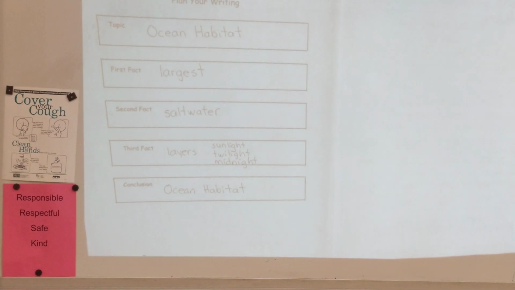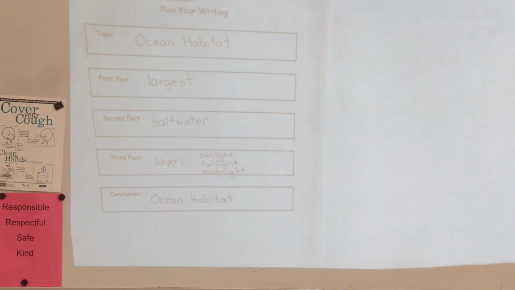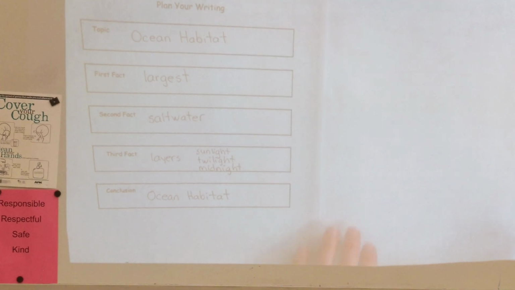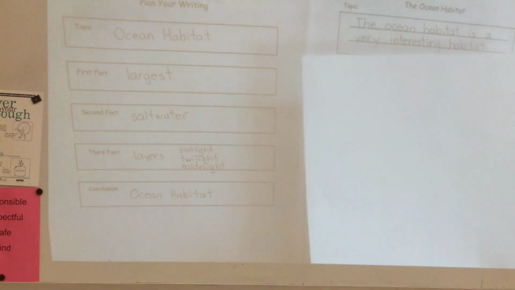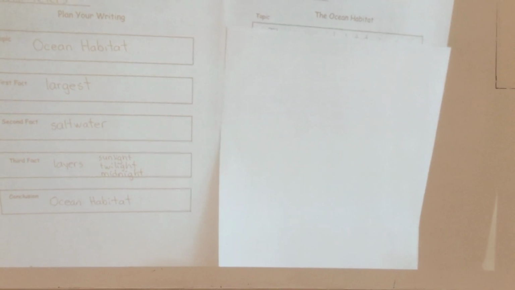So what we're going to do now is take this plan and turn it into 5 sentences, one that follows the other very well, or a paragraph. So our paper is the ocean habitat.